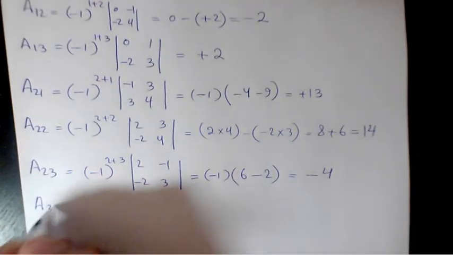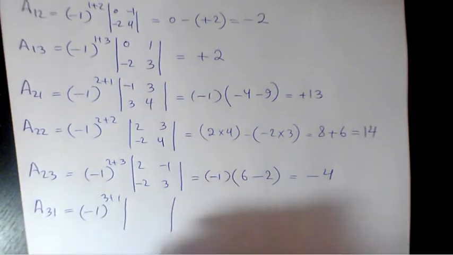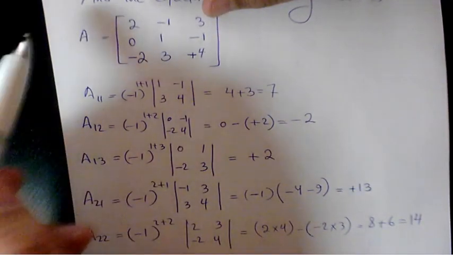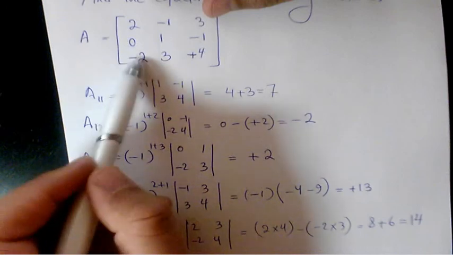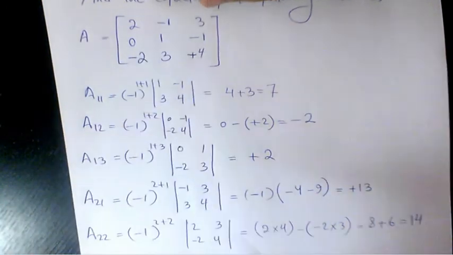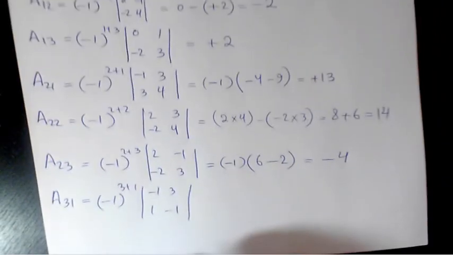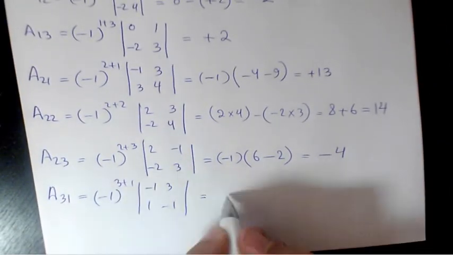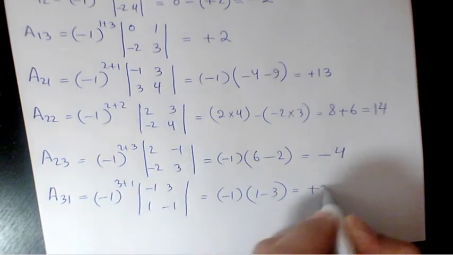We have A31, negative 1 to the power of 3 plus 1. That's going to be the third row and first column. First column here is going to be negative 2. We remove that and we have negative 1, 3, and 1, and negative 1. That's going to be negative 1 times 1 minus 3, which is going to be positive 2.